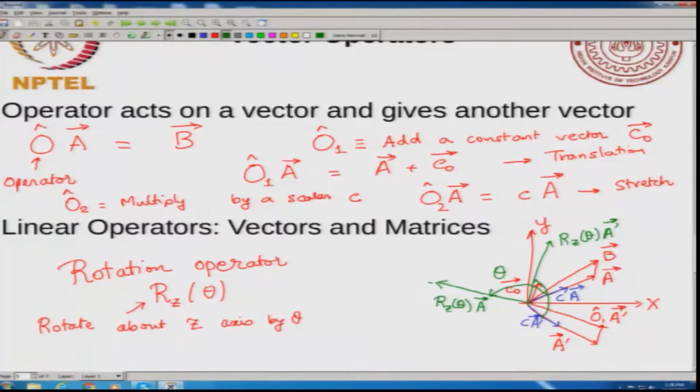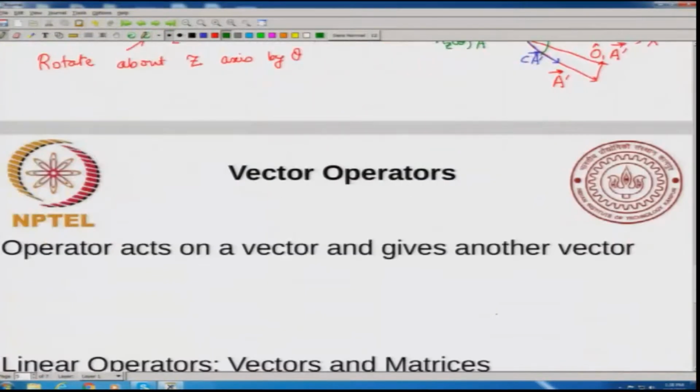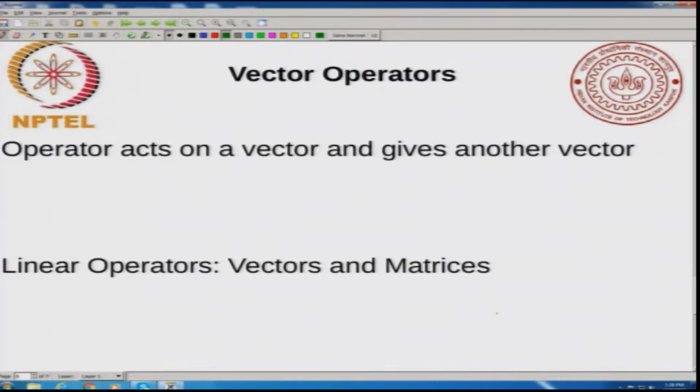Now we will come to a certain class of operators called linear operators. So, what is a linear operator? Suppose you have an operator O, which acts on C times A plus B. An operator can act on any vector in the vector space, and C times A plus B is another vector in the vector space.